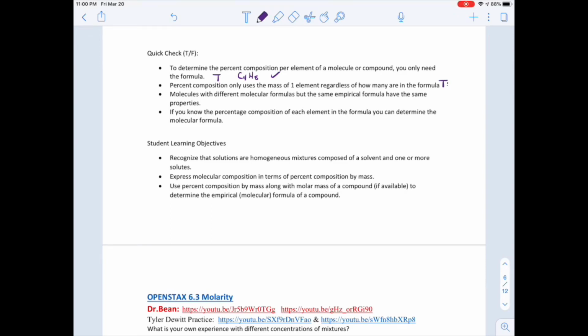So this is true, but just note that it might be a multi-part problem where they ask you for all of them, so they might ask you for hydrogen or something else. So you might have to still figure out all the percentages. But if they just ask you for one element, you only need the mass of that one element. And I'm assuming that you know the molar mass of the formula.